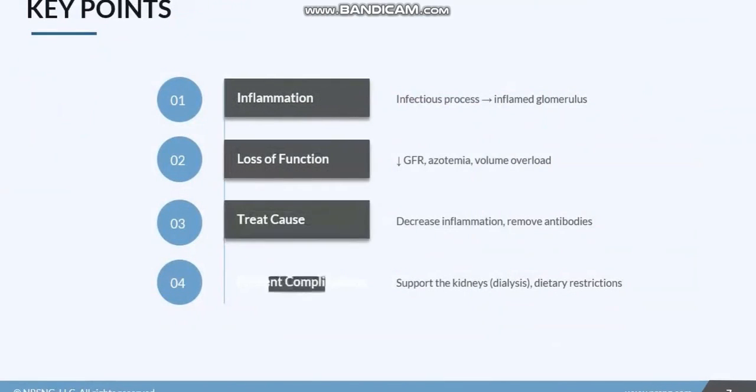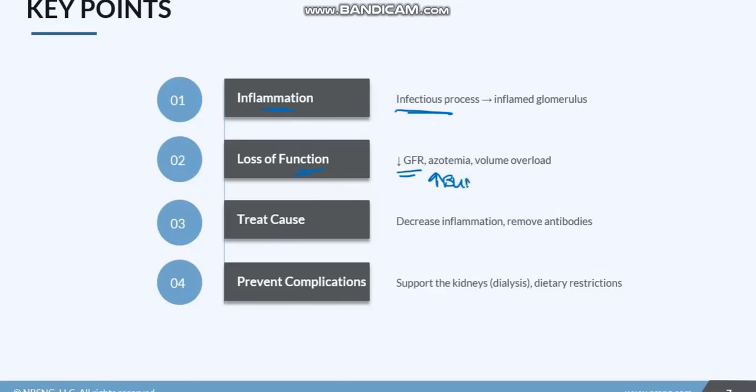Now let's recap quickly. Glomerulonephritis is inflammation of the glomerulus caused by some sort of infectious process or immune response. This means that our kidneys are not going to be functioning appropriately. So we're going to see this decreased GFR, azotemia, which is your increased BUN and creatinine, and it causes many other problems as well, and volume overload because of all that fluid retention.